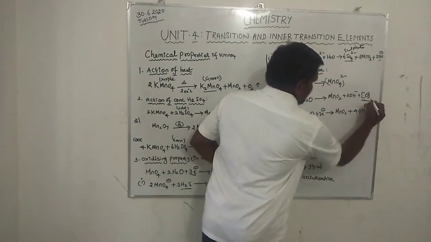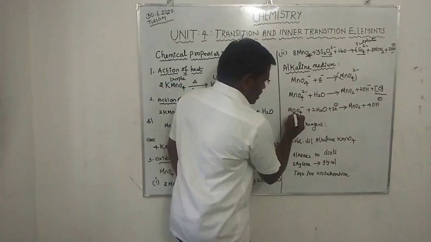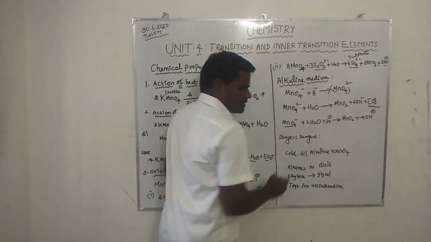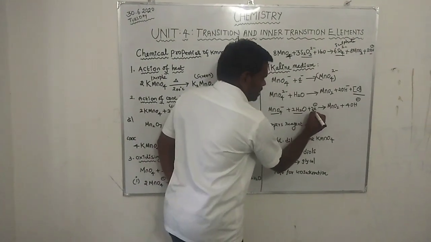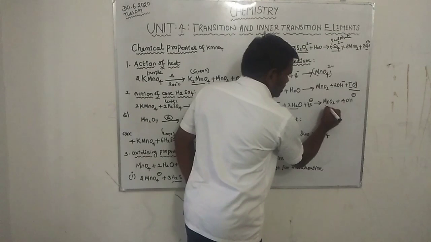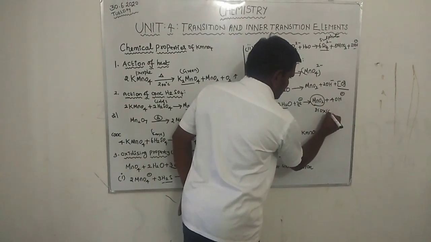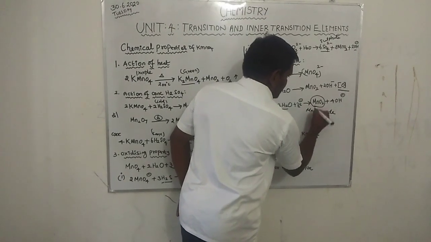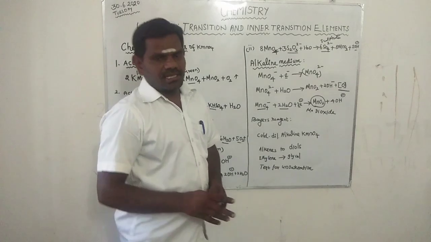This is evidence for the oxidizing property in alkaline medium. MnO4 minus, permanganate ion, is treated with water and gains 3 electrons to be converted into manganese dioxide. Okay, the next, Bayer's reagent.